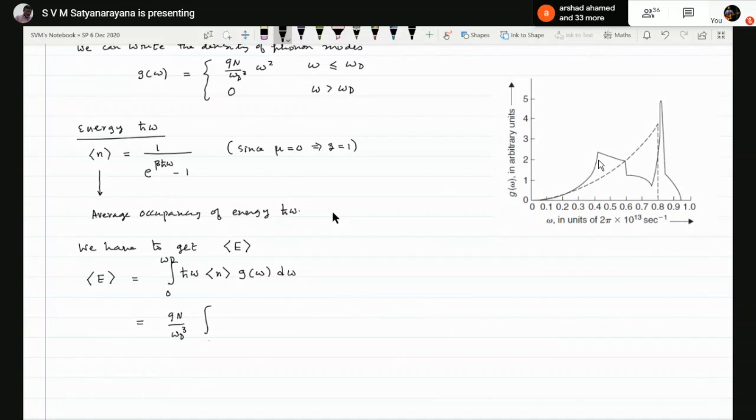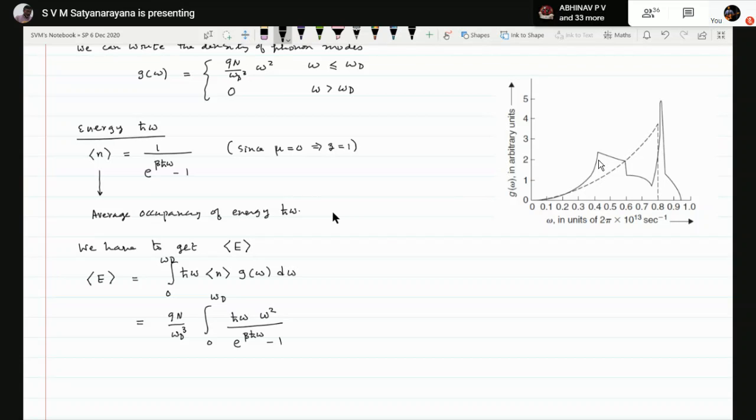So the integral from 0 to omega d of h bar omega into omega square, that is from the g of omega, divided by e to the power beta h cross omega minus 1. This is my E.